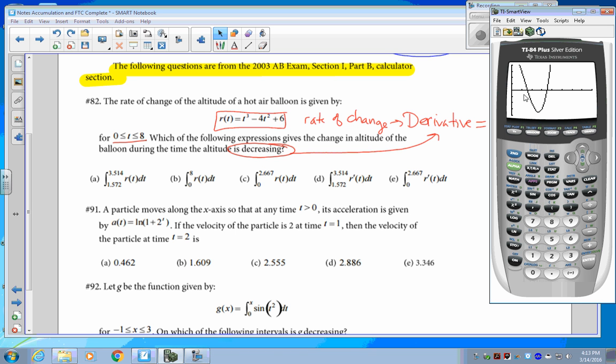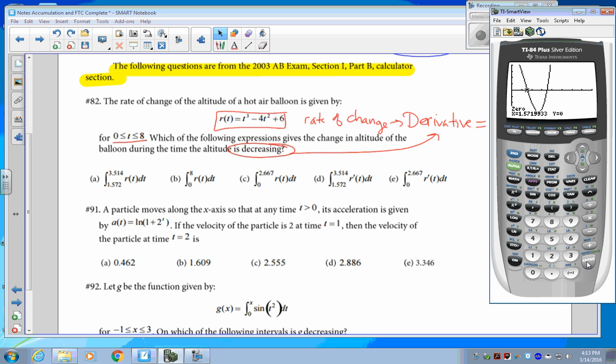So I need to identify this little point right there, and I'm going to do that by doing second calc, and I'm going to do a 0, and I need a left bound. Where am I? X is 4. That's not good. Left bound, so I need to be on the left side. There we go. My y is positive. I hit enter. I arrow over and make sure my y is negative. I hit enter, and those two values are pretty close, so it doesn't really matter what I guess.